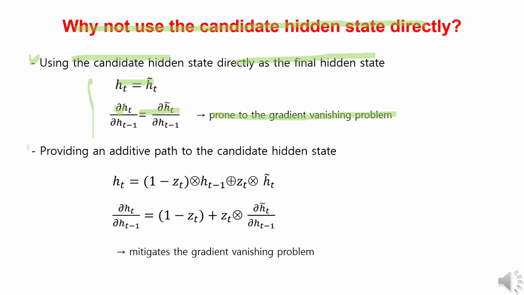However, by introducing the update gate, we combine the previous hidden state and the candidate hidden state through a weighted sum. This creates an additive path for the gradient, rather than a purely multiplicative one. Because of this additive structure, the gradient can flow more smoothly across time steps, which helps alleviate the gradient vanishing problem.